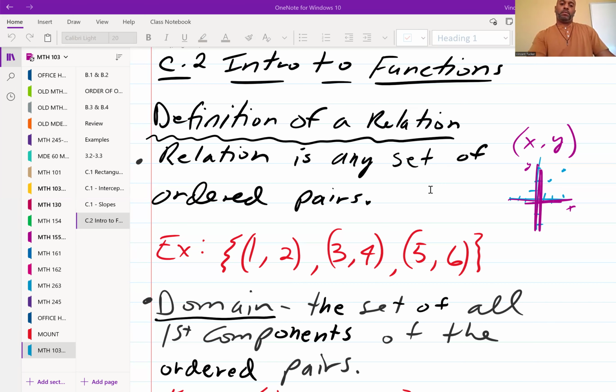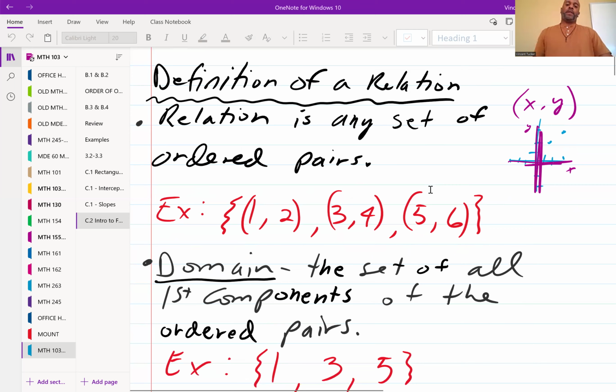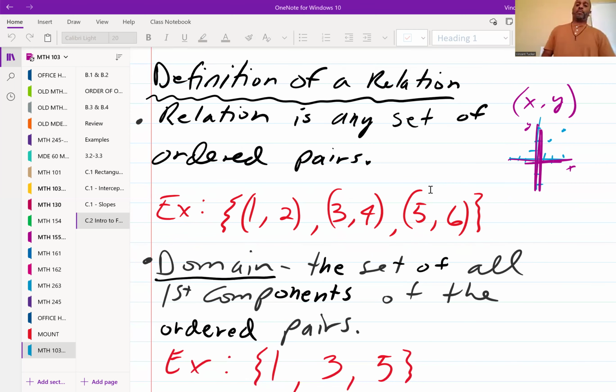Domain is going to be the set of all first components of your ordered pairs. So when I look at my ordered pairs, my domain will be 1, 3, and 5.